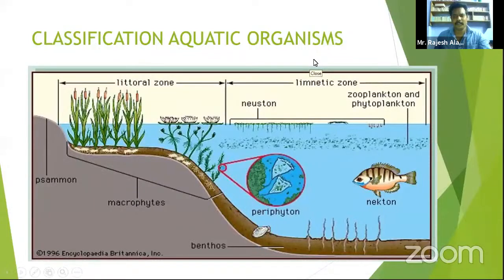Periphyton, if it is growing in a submerged manner, attached, clinging with the submerged plant species, right? Next one is plankton, that is the producer. They are present up to the photic zone. We can demarcate based on the limit up to which sunlight is passing. Next one is nekton, they are the free swimmers.